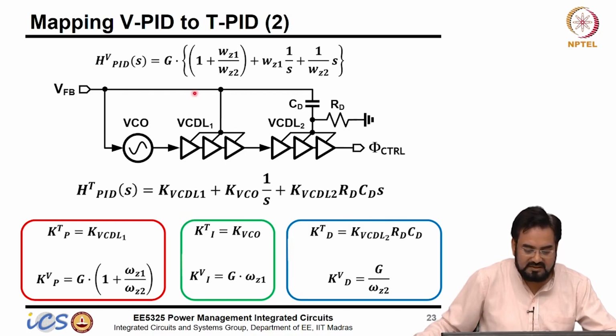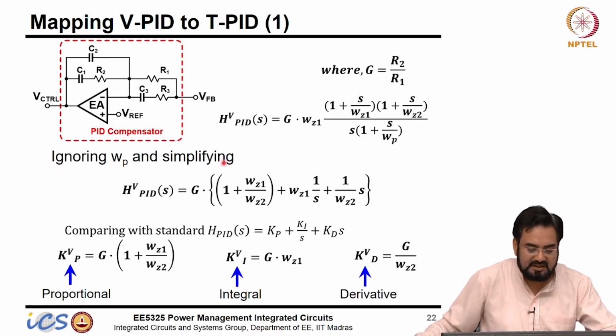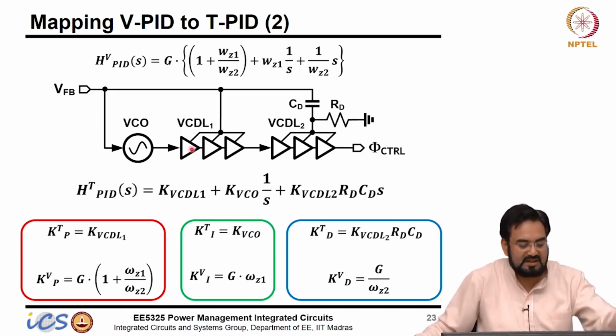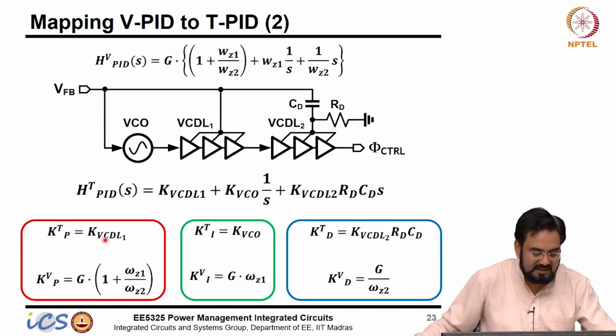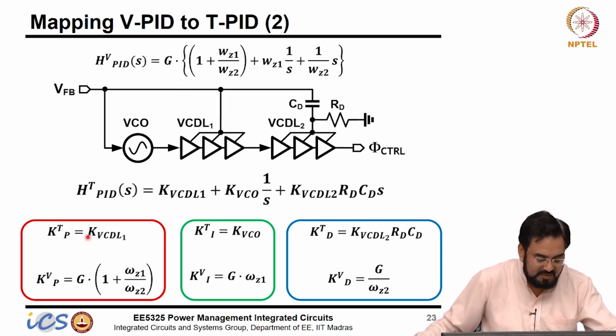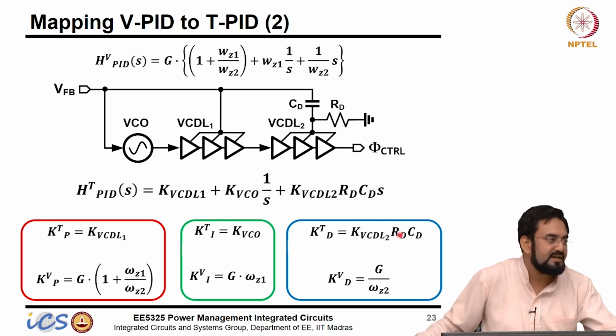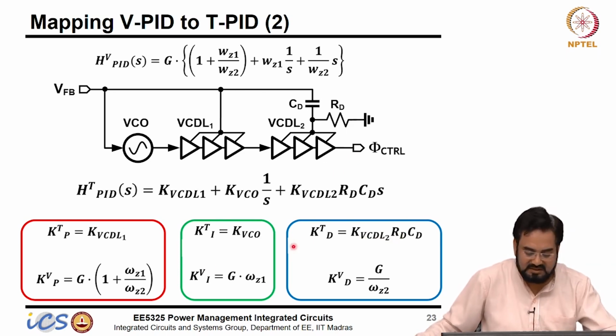So, we know the Ki, Kp, Kd in this, and we know Ki, Kp, Kd in this, and all we have to do is relate one with the other, equate, and we will get KVCDL. In the time domain your proportional is nothing but KVCDL, Ki is nothing but KVCO, and Kd is KVCDL2 times RD CD, which is the high pass filter actually.